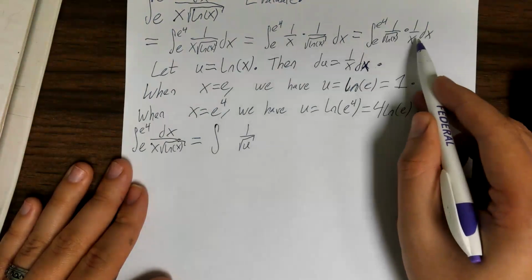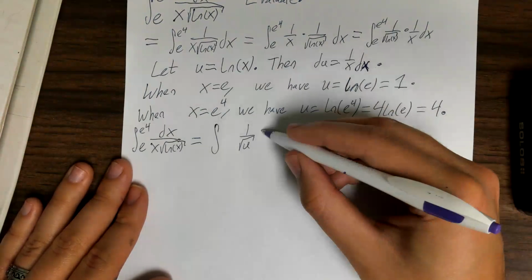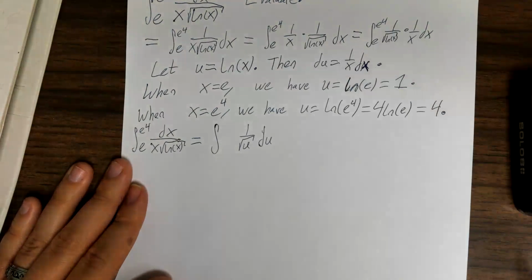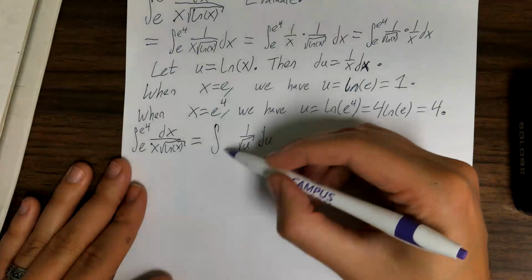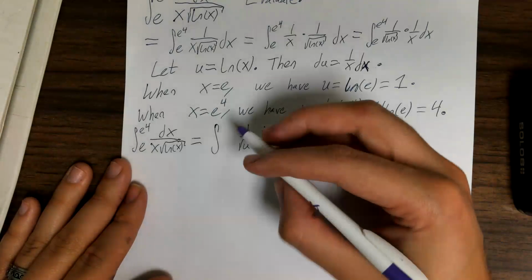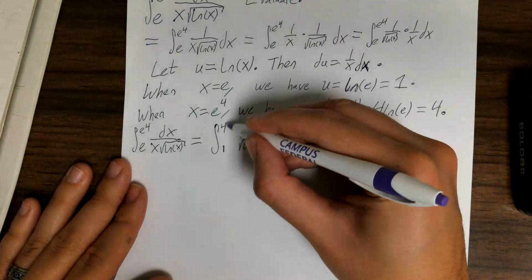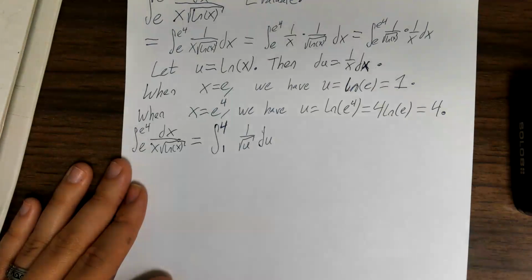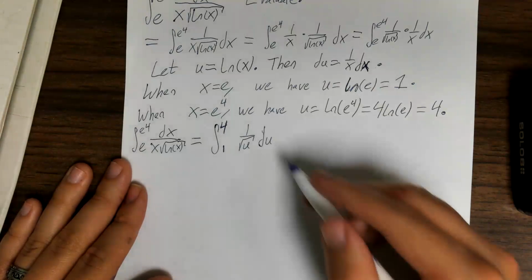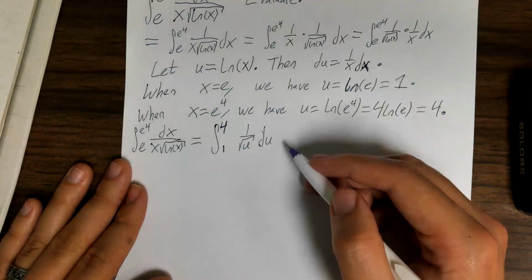And this term, 1 over x times dx, is our du. Our new limits of integration now are 1 and 4. And now this is just a direct integral evaluation.